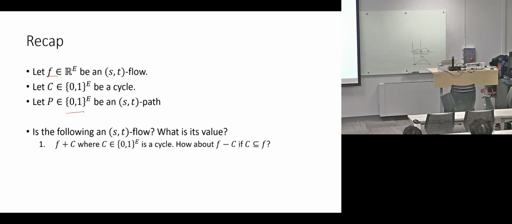And if so, what is its value? So the first is F. If you add a cycle into F, is it still an ST flow? Who says yes? Who says no? Is it an understandable question?